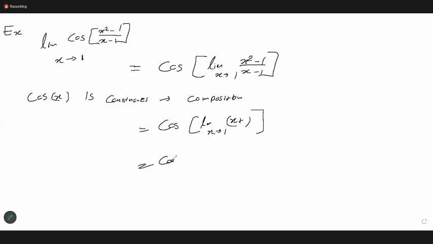Now you can just plug in the value, that is 2. Okay, this is the answer. Limit of cos of (x squared minus 1) over (x minus 1) when x approaches 1, the answer is cos 2. So you can use this method to solve this kind of problem. If in here sine also, you can do this. If in here cos, then you can do it.